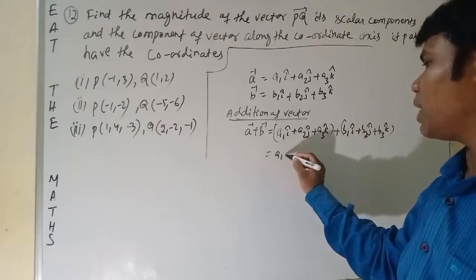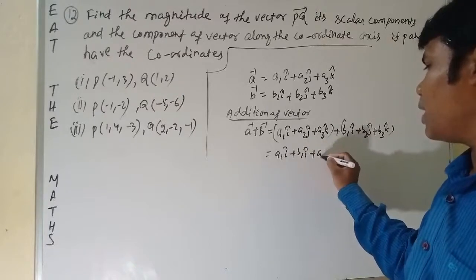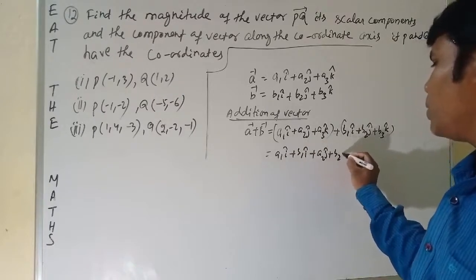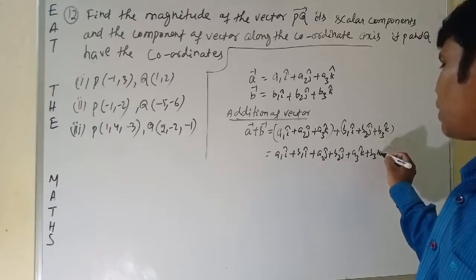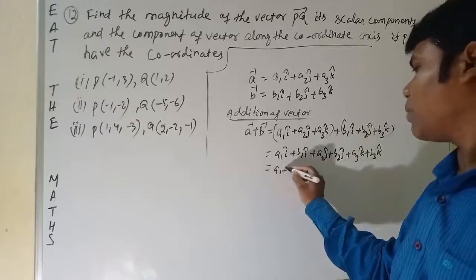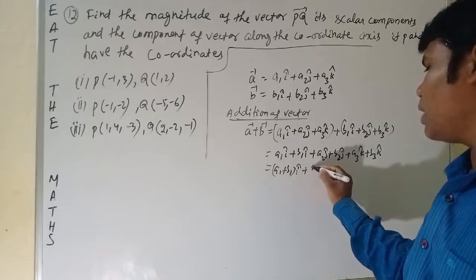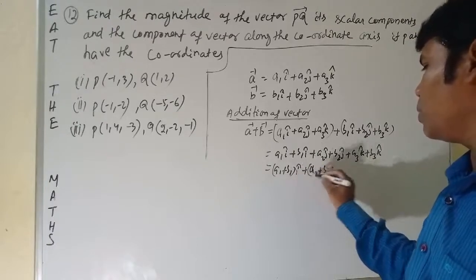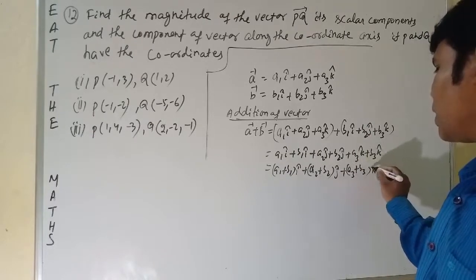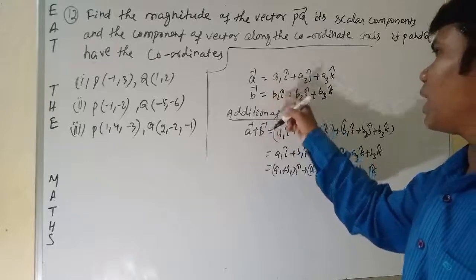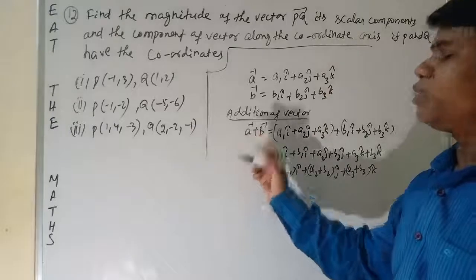That is a1 i cap plus b1 i cap, a2 j cap plus b2 j cap, a3 k cap plus b3 k cap. Okay, that is a1 plus b1 i cap, a2 plus b2 j cap, a3 plus b3 k cap. Suppose we will add this.